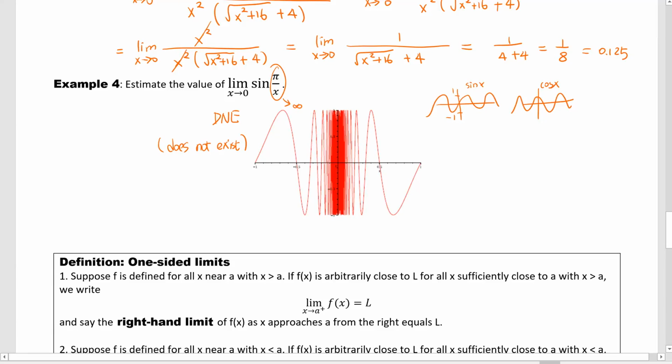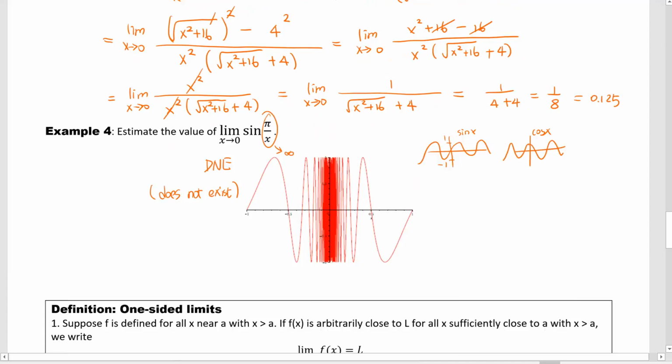We can use infinity to describe it, we can use minus infinity to describe it. It's still approaching a direction, positive infinity or negative infinity. But in this case, there's no way we can describe it. It's oscillating between two numbers, so it's not going in a direction. That's why in this case we say the limit does not exist.